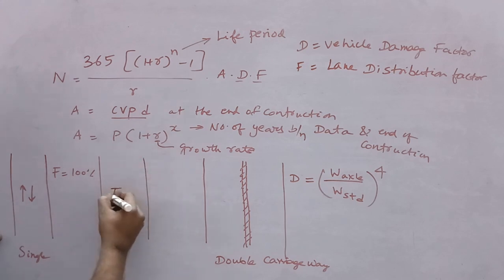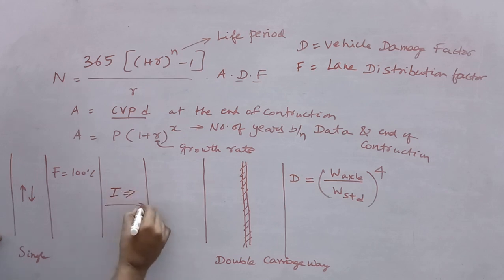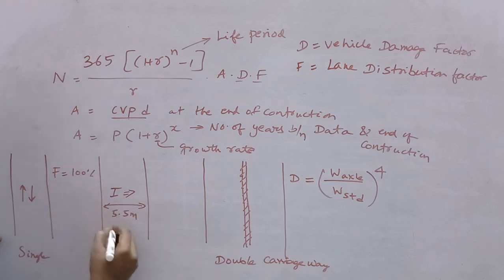And now, for a single carriageway, for an intermediate carriageway, that is width is 5.5 meter, then this factor should be 75%, that is 0.75.